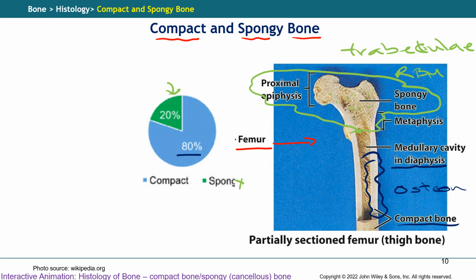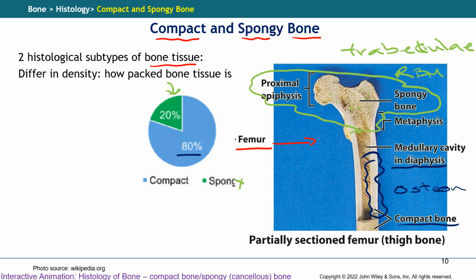Okay, so now let's summarize all the things that I told you, and later in the following slide, I will talk more in detail about these two bones. So I told you that there are two histological subtypes of bone tissue. One is the compact bone and the other one is the spongy bone. They differ in their density, so how packed they are. The spongy bone is lighter, the compact bone is much heavier.